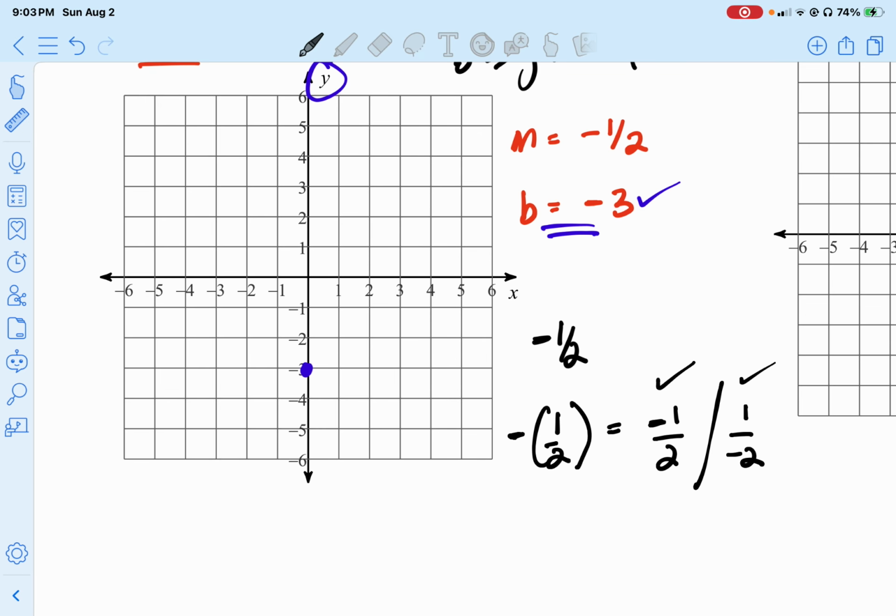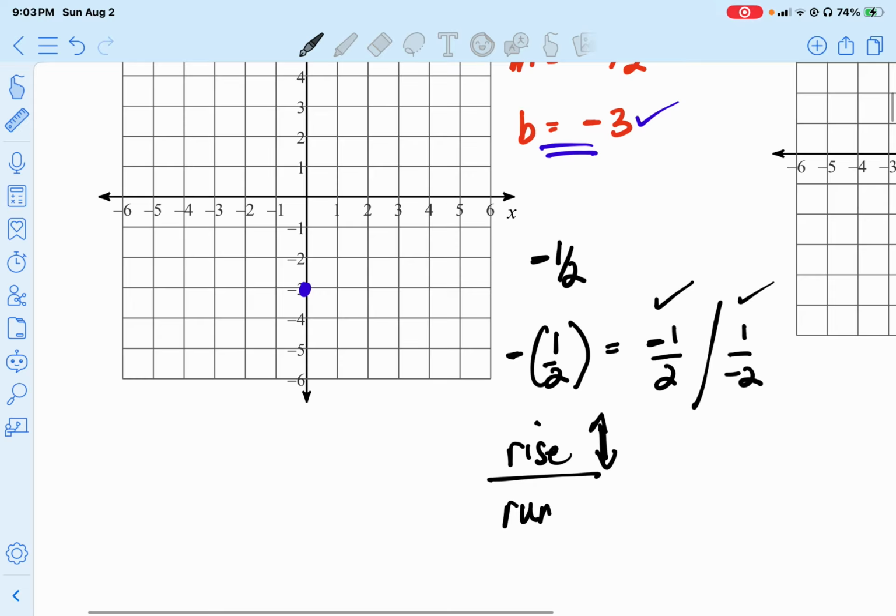Whichever way you choose to do it is going to be fine. Here's why it's important. Remember that our numerator is our rise, which is our vertical movement, and our denominator is our run, which is our horizontal movement.